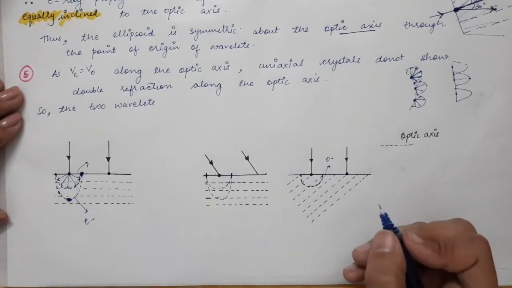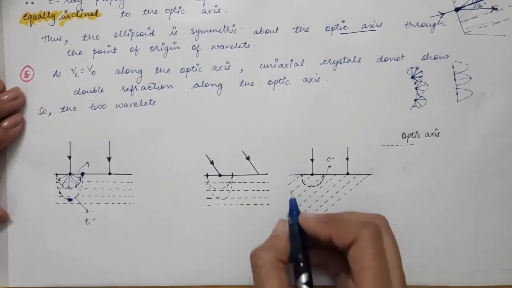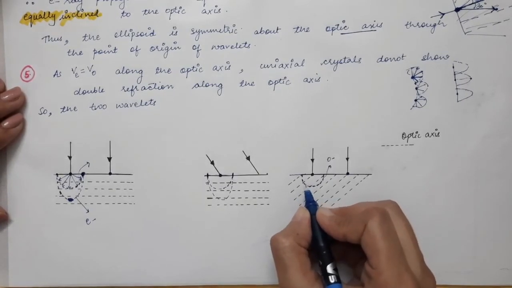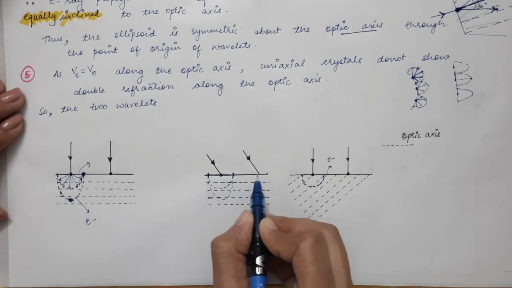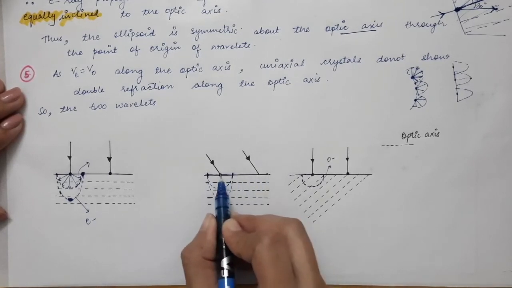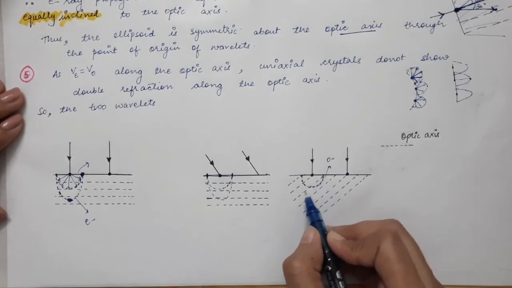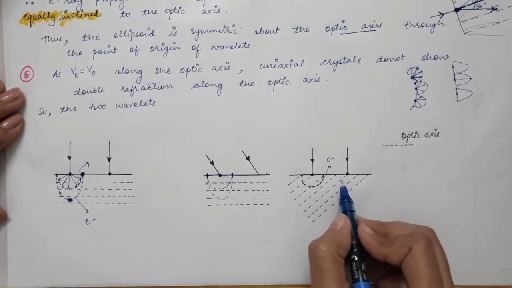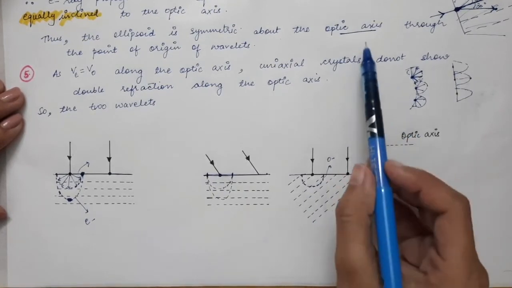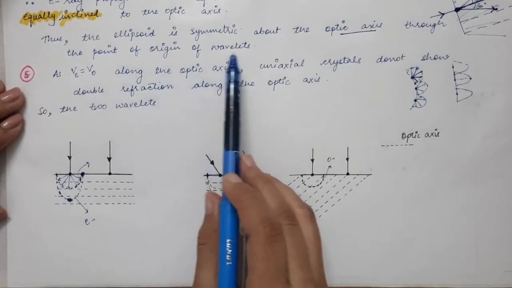Now for the case of E ray, how do we draw the ellipsoid? In this case you have to take into account the optic axis. In the previous cases, this was taken as the optic axis because it was passing through the point of origin of the wavelets. Now in this case, these are the optic axes. The optic axis is making a certain angle with the crystal surface. So we have to take into account that optic axis which passes through the point of origin of wavelets.